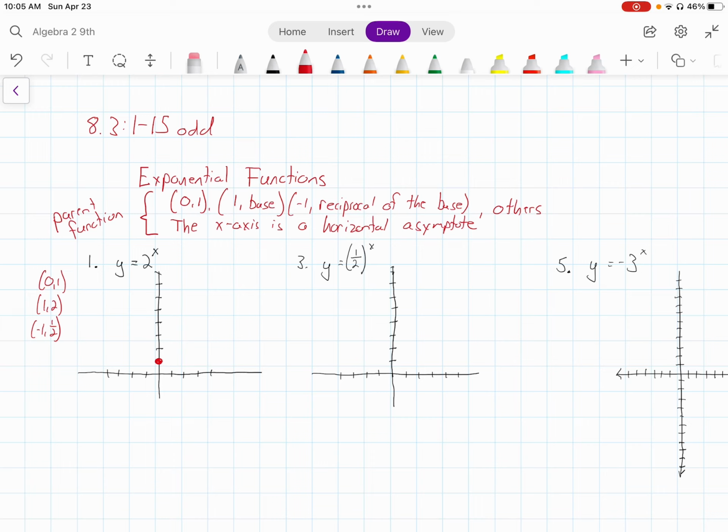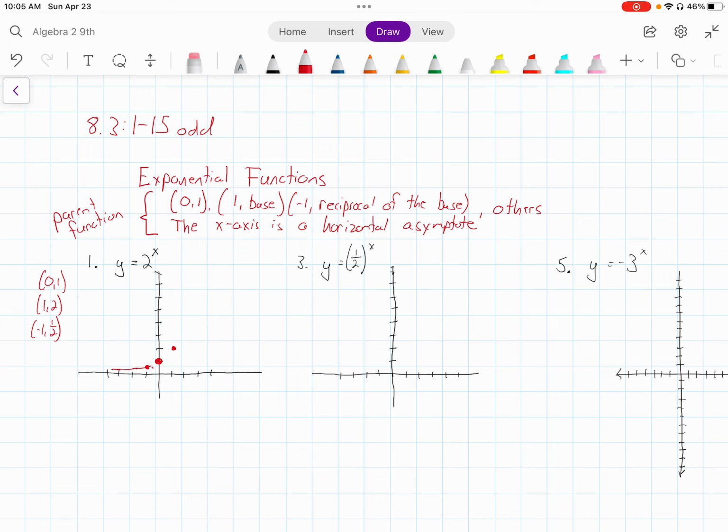My graph got a little bit off here on the grid in the background, but we can figure it out. 1, 2, over 1 up 2. And then negative 1, 1/2 is about right there. And our graph will look like this.